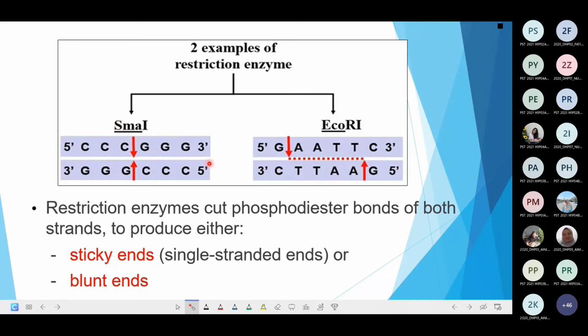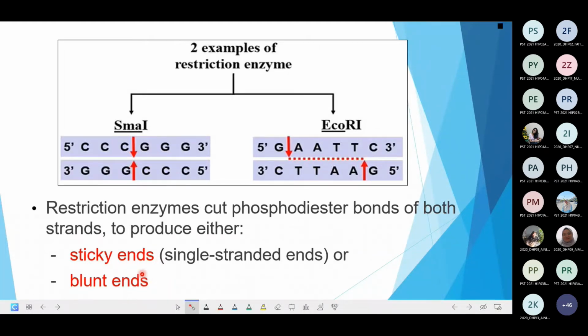Basically all the restriction enzymes will cut the DNA molecule by cutting the phosphodiester bond between certain nucleotides of the DNA molecule. Okay, and this will produce either the sticky ends or the blunt ends.